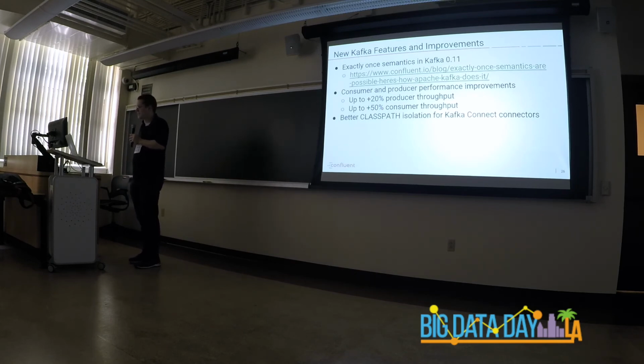On the Kafka Connect side, we have some pretty good class path isolation now, which solves a long-standing problem we had with jars leaking in from other parts of the class path. Class path isolation is a really great feature, so check it out.